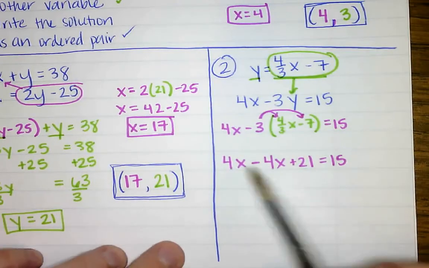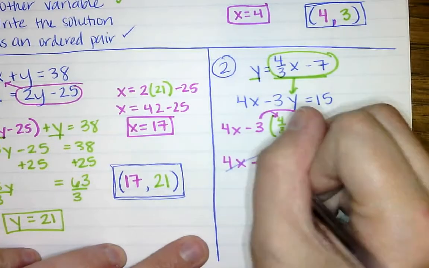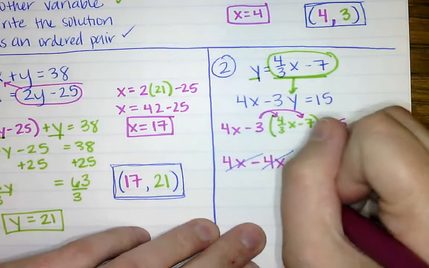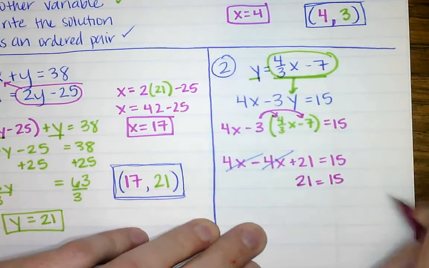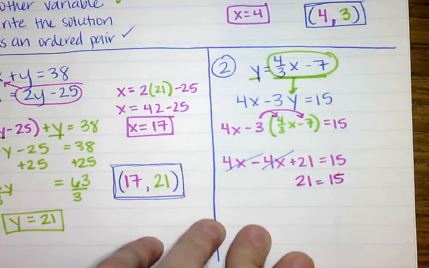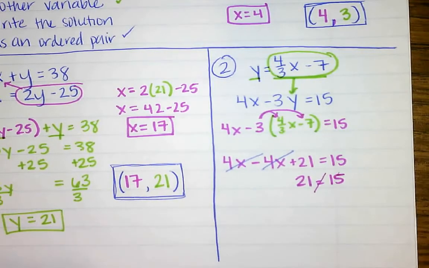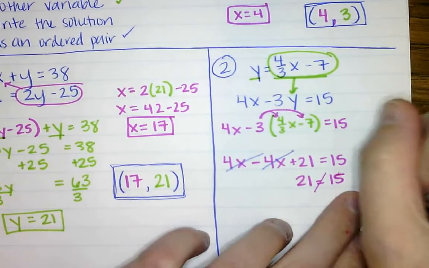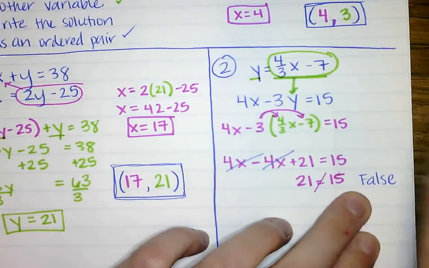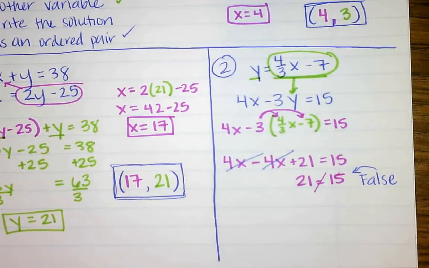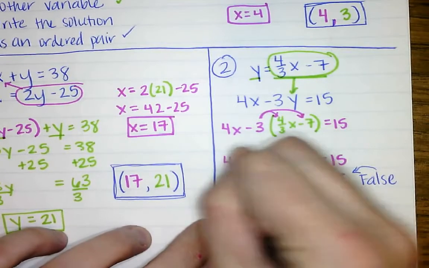Our variables all canceled. And what are we left with? Is this a true statement? Is 21 equal to 15? No. That is a false statement. So guys, if it is a false statement, how many solutions will we have? No solutions. So guys, this is a lovely little special case.